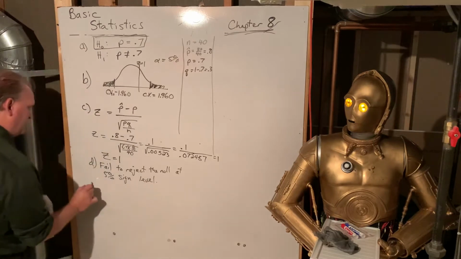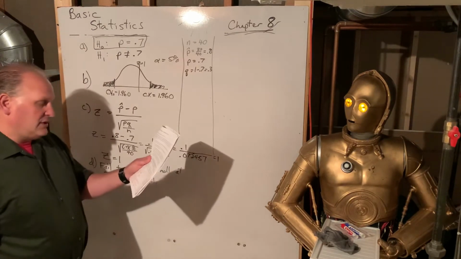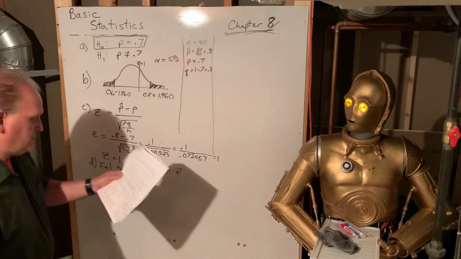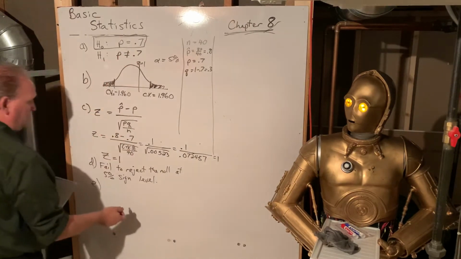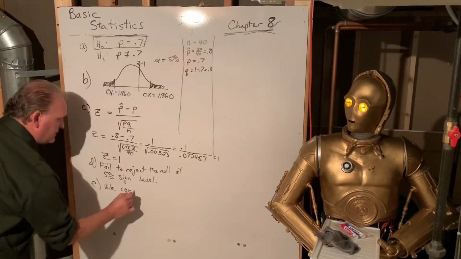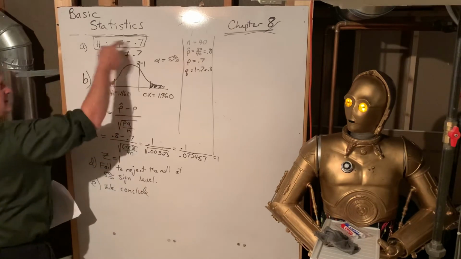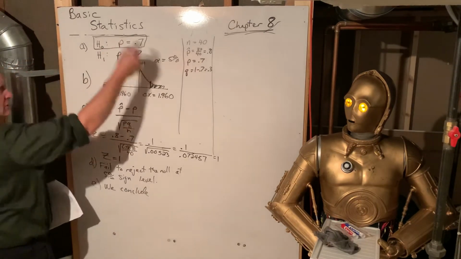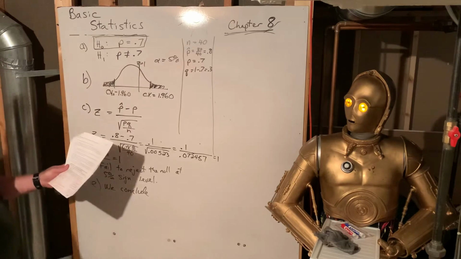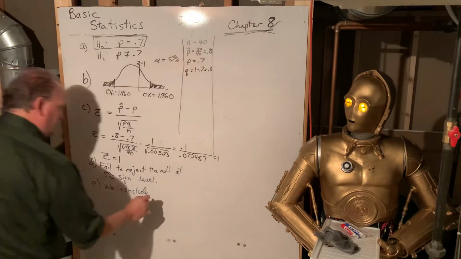And then the write-up would be, there is not enough evidence to show, we conclude the proportion of students is still 70%. It wasn't enough evidence. You could do it two ways. You could state what you just concluded: we conclude the proportion of students being retained is 70%.